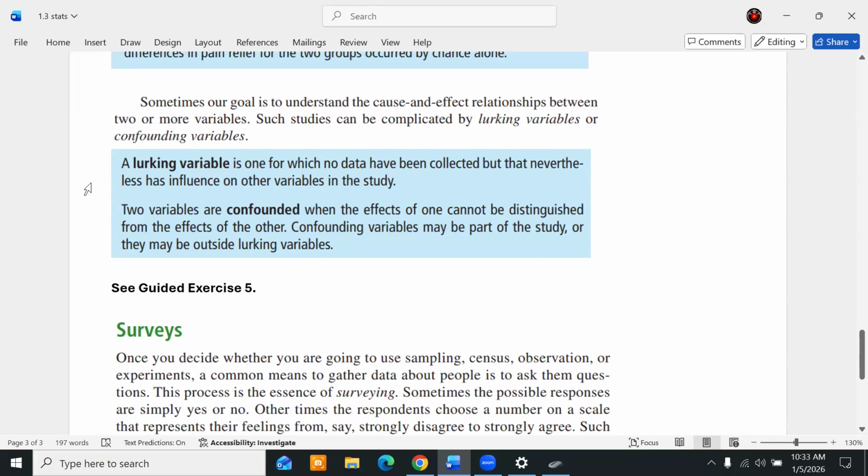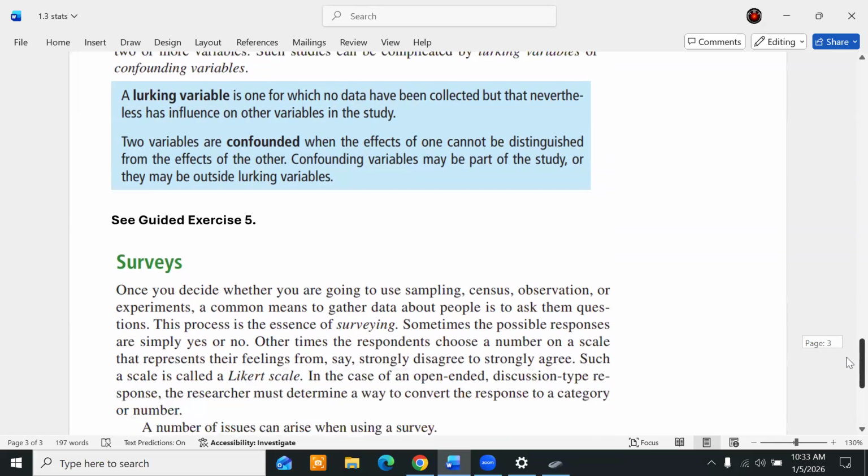A lurking variable is one for which no data has been collected, but nevertheless has influence on other variables in the study. Two variables are confounded when the effects of one cannot be distinguished from the effects of the other. They might be part of the study or they may be outside lurking variables. Take a look in your textbook at guided exercise 5.